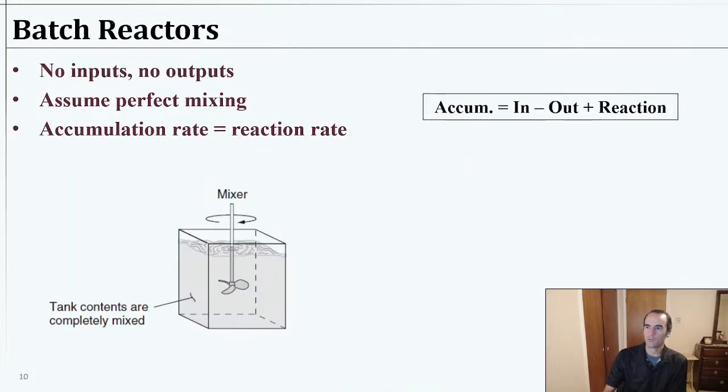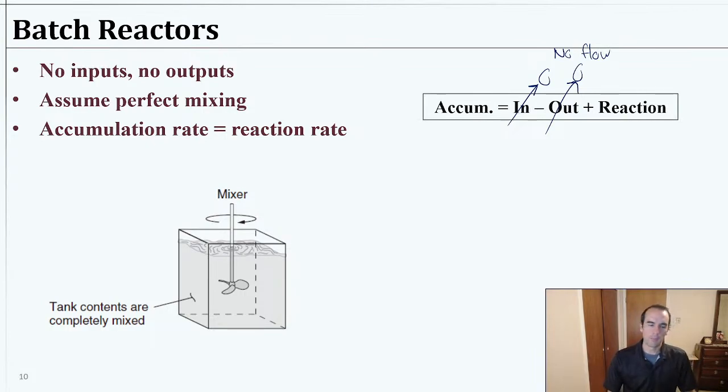Okay, so let's talk about how to assemble our mass balance given these different reactors. So for a batch reactor, we have no inputs and no outputs. So in terms of actual flow, it simplifies things a bit. So this will go to 0 and this will go to 0 because we have no flow across our control boundary by definition.